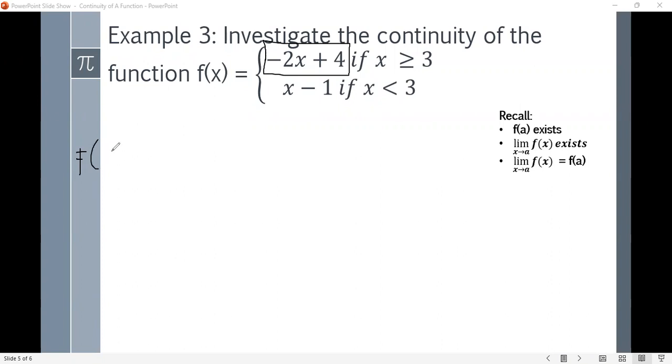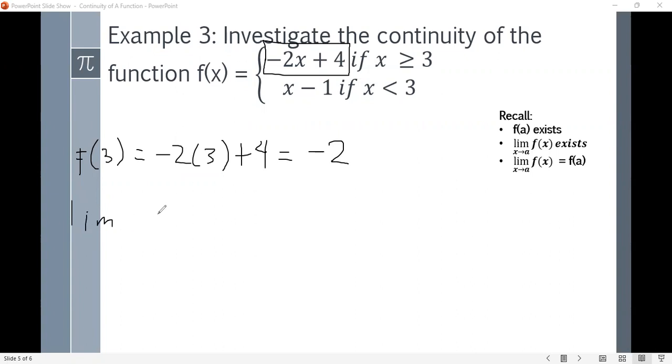So, f of 3 is equal kay negative 2 times 3 plus 4, which is equal po kay negative 6 plus 4, meron tayong negative 2. Then, we will define the limit if it does exist.